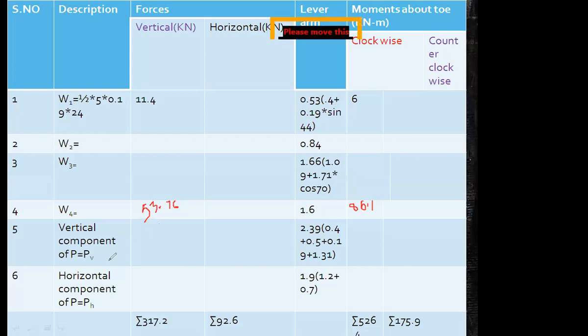PAB క్యాలిక్యులేట్ చేసాం కదా. 89.4 ma'am. సో ఇక్కడ లివర్ ఆర్మ్ 2.39. ఓకే 2.39 లివర్ ఆర్మ్. ఇక్కడ యాంగిల్ వస్తుందండి మళ్ళీ 0.4 ప్లస్ 0.5 ప్లస్ 0.19 ప్లస్.